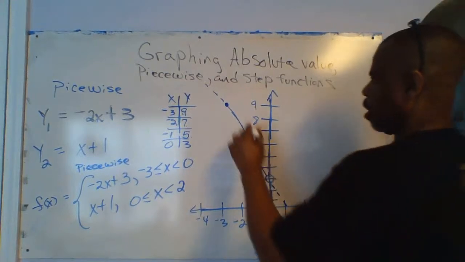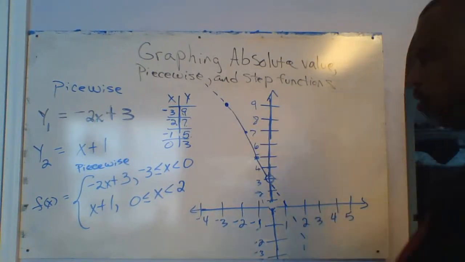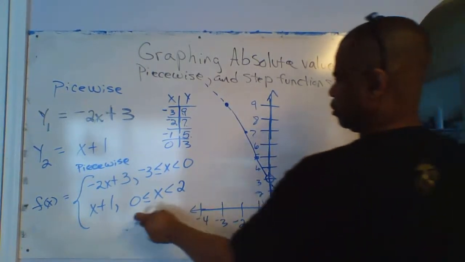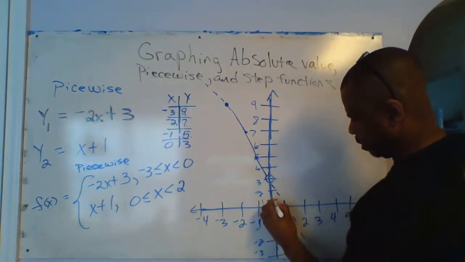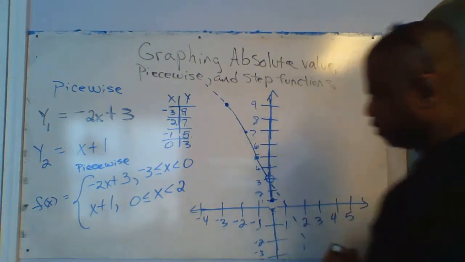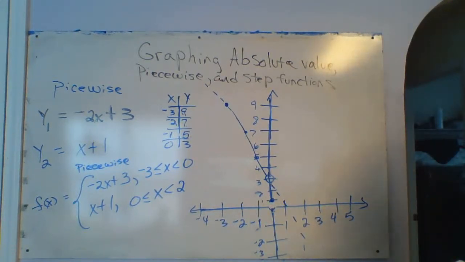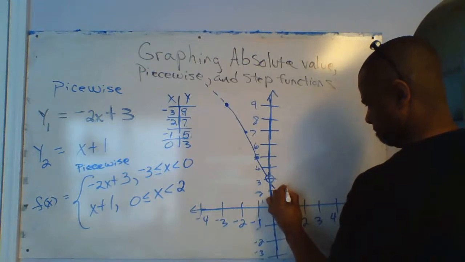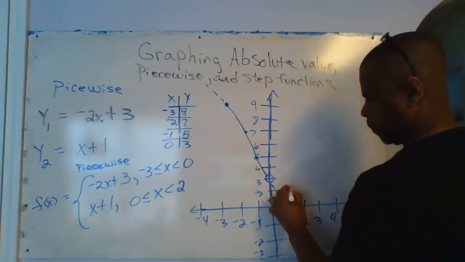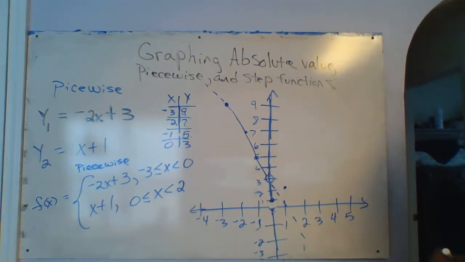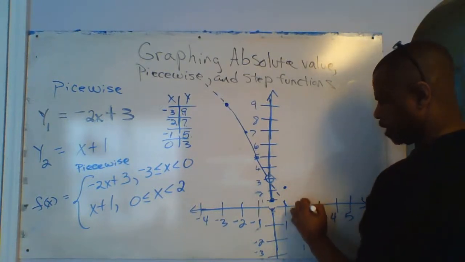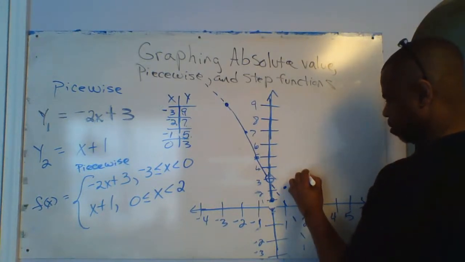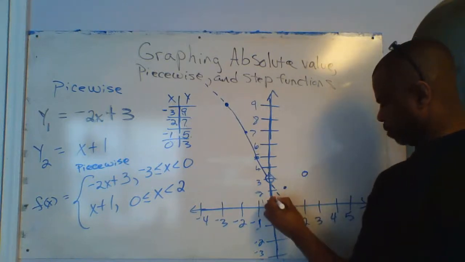All right. So we only want just a piece of it. Now we're going to do this one. The starting point for this one, 0 would be 1, wouldn't it? So that'll be 1. And then if I plug in 1, that'll be 2. Then if I plug in 2 here, that's going to be 3? But it has to be open.